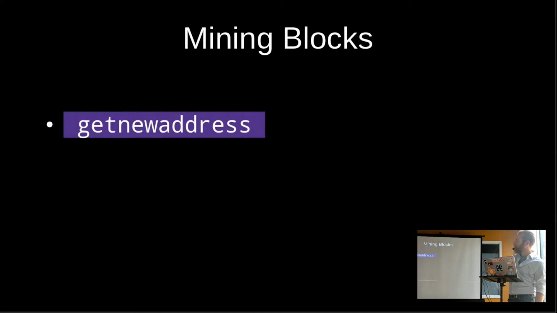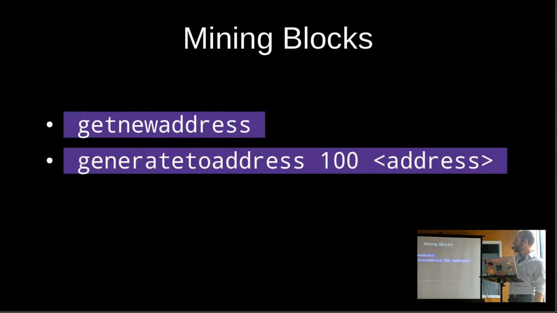You're going to copy that address that it gives you. It starts with bc1, or no, actually, it starts with bcrt for regtest. So this is the next command we're going to do: generatetoaddress 100, and then put your address afterwards.